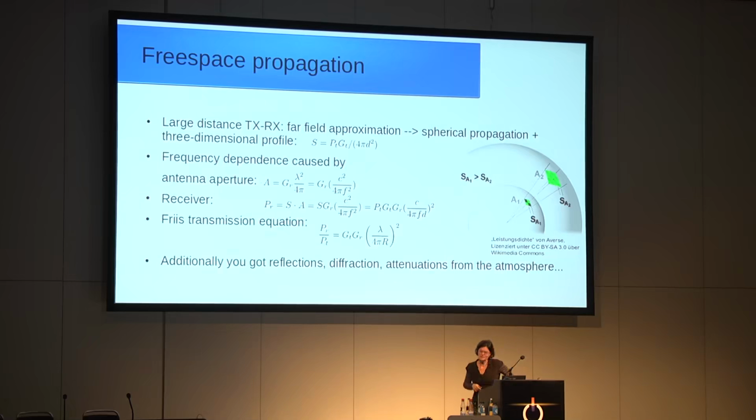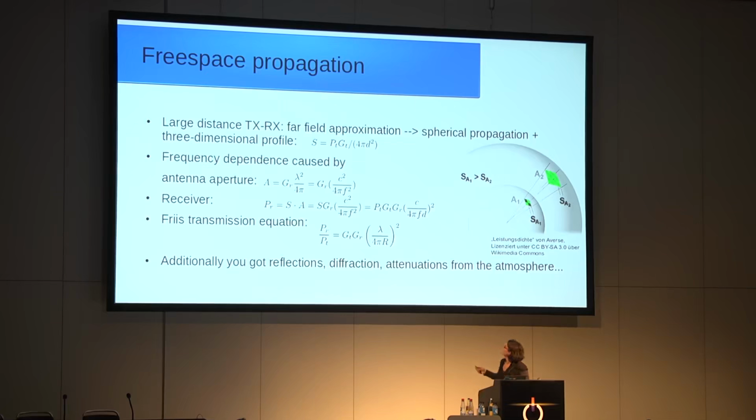One term which is often used is Friis' transmission equation, which defines the ratio of power available at the input of the receiving antenna to the output power of the transmitting antenna.